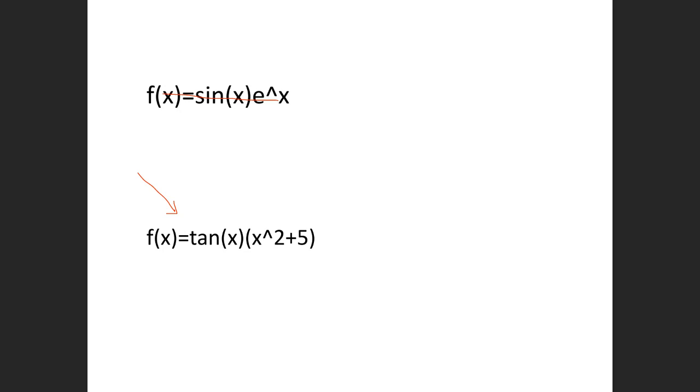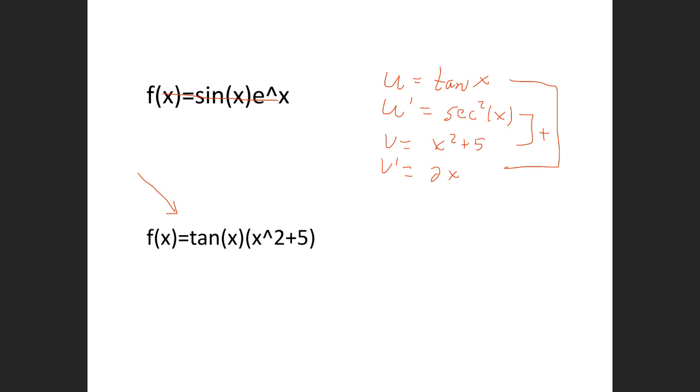So in this problem we have u equal to tangent of x, u prime is equal to secant squared of x, v is equal to x squared plus 5, v prime is equal to 2x. Inside plus outside. If I did inside, I could rewrite it as secant squared of x, and then you put x squared plus 5.